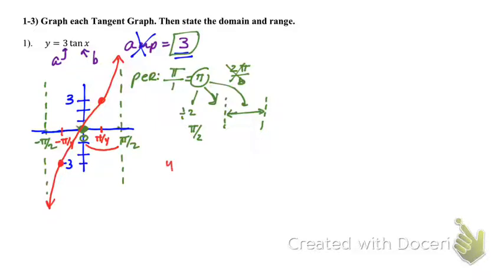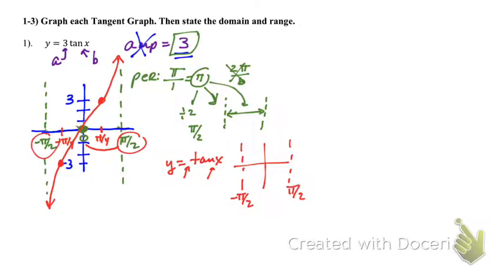Now, I will point out one thing. If we just graph the basic tangent graph, y equals tangent of x, so in other words, a is 1 and b is 1, then our asymptotes are at pi over 2 and negative pi over 2, just like ours were here. That was because the b was equal to 1. But with an a value of 1, the points in here are 1 and negative 1.